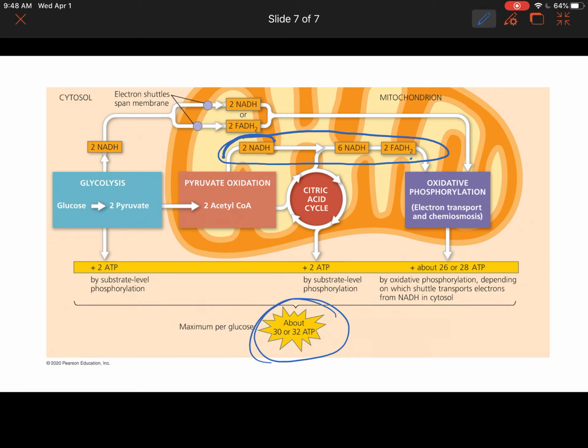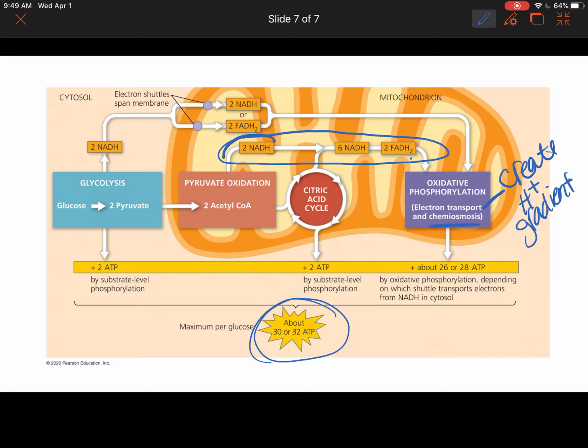The electron transport chain further harvests the energy from those electrons to create the hydrogen ion gradient. And then the energy in that gradient is used to generate ATP by ATP synthase in the inner membrane. Okay?